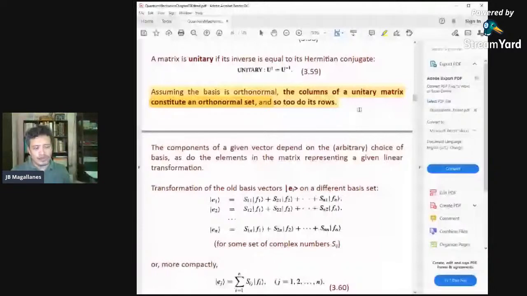For example, you can write a vector as 3i minus j plus 5k. All the vectors can be written in terms of i, j, k. And i, j, k are orthonormal because if you dot i with i it gives you 1, j with j gives you 1, and k with k gives you 1, and j with k, if you dot them, gives you 0. The rest is 0, but to itself it's 1. So that's what you call an orthonormal basis.